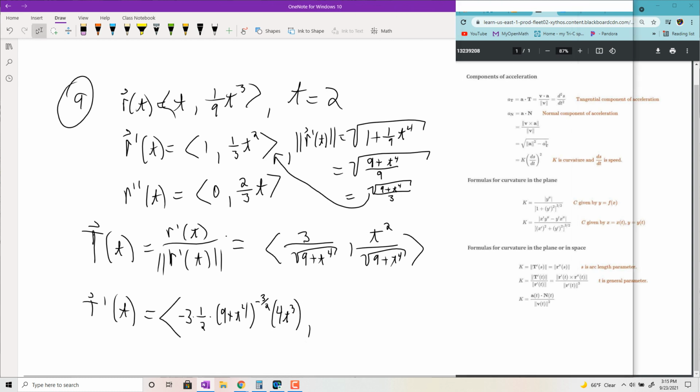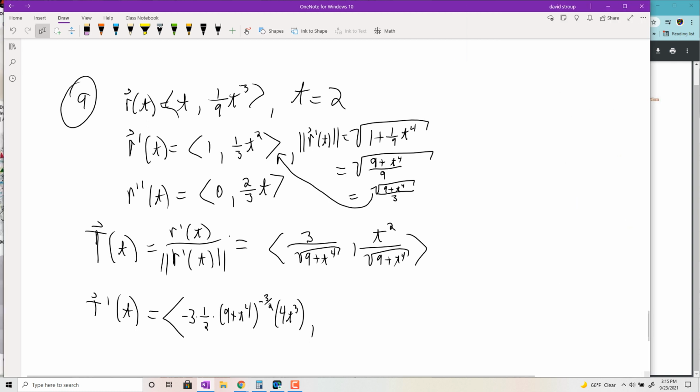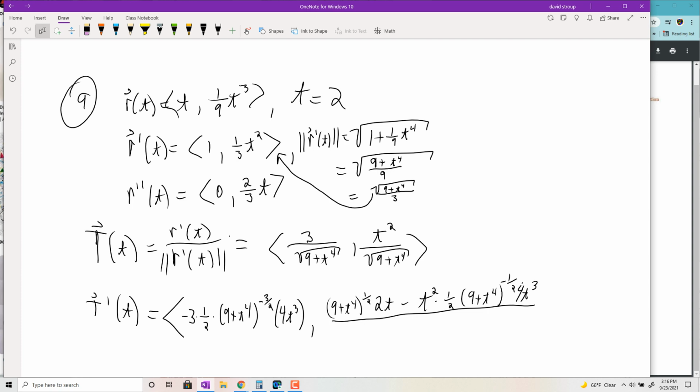See, I just chose the wrong formula. This is what happens, I'm getting punished for it. The other guy, low d high, so 9 plus t to the 4th to the 1/2 times 2t, minus high d low: t squared times 1/2 times 9 plus t to the 4th to the -1/2 times 4t cubed, all over the low squared, 9 plus t to the 4th.